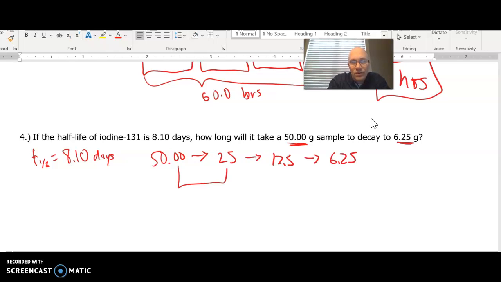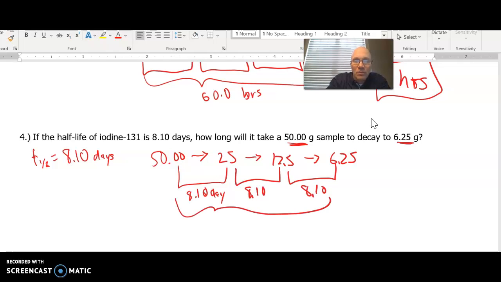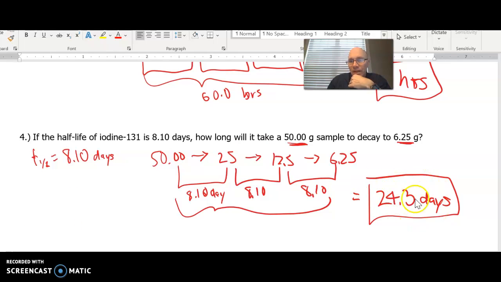All right, so that is 1, 2, 3 half-lives that are involved there. And if each of those is 8.10 days, that means that the total amount of time would be 3 times that amount. So 3 times 8.10, and that would add up to 24.3 days.